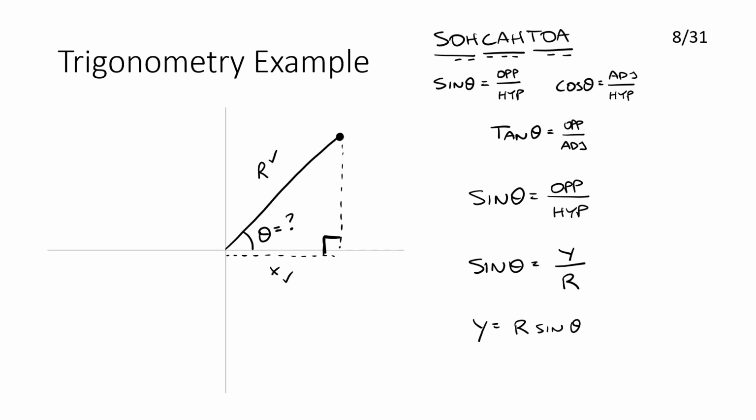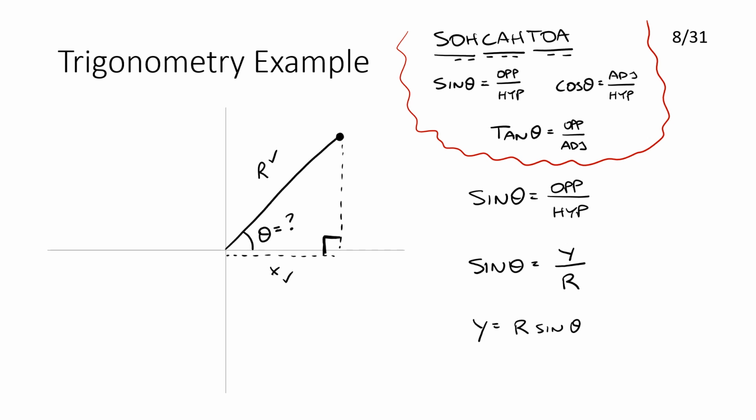So again, we're just going to go back to what we're always going to refer to, SOHCAHTOA. We're going to look at what we have, and we're going to look at what we want to solve for. So we have the hypotenuse and the adjacent side, and we want to solve for theta.